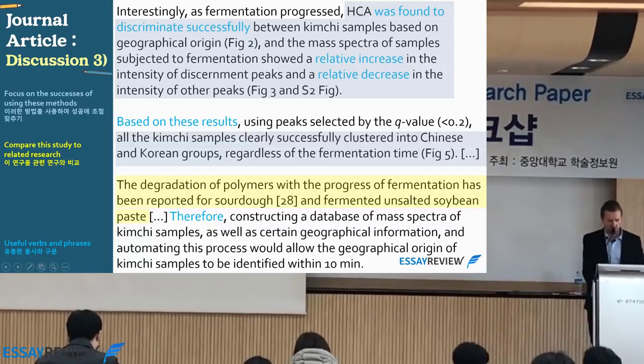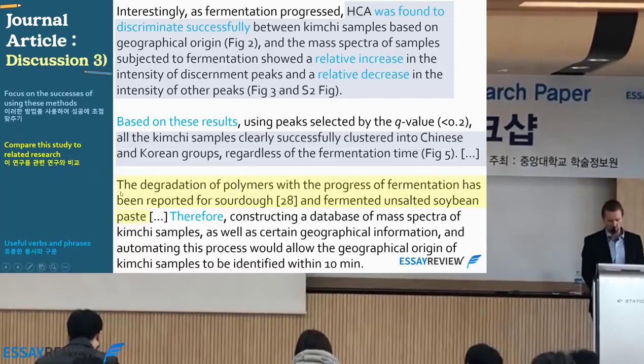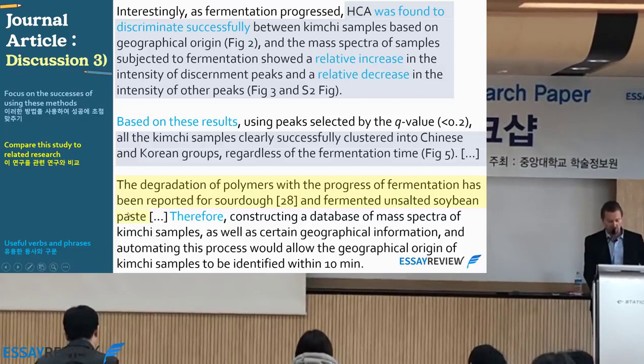So you're discussing how the results worked in this case. And you're comparing, again, this study to related research. The degradation of polymers with the progress of fermentation has been reported for sourdough and other fermented unsalted soybean paste. Therefore, it can be used for other research.